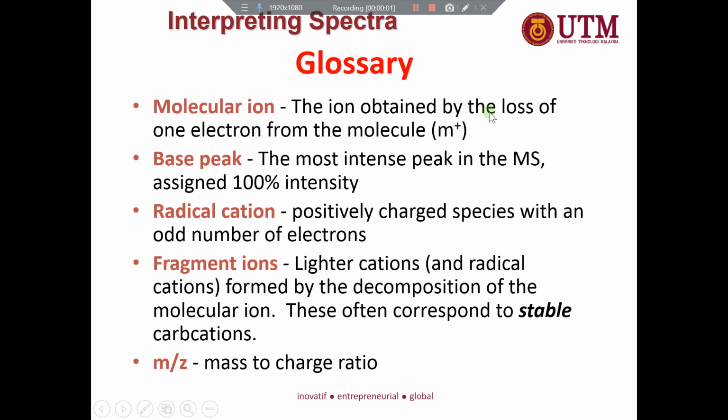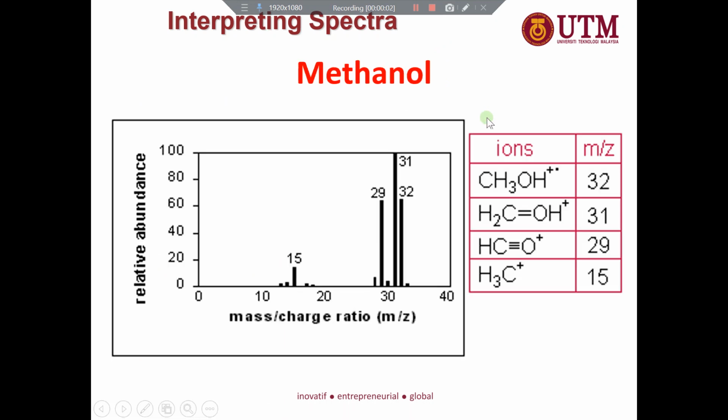Here is an example spectrum of methanol. We have the molecular ion peak here at 32, which is even, so we can suggest the molecule is methanol, or maybe another compound with the same m/z.